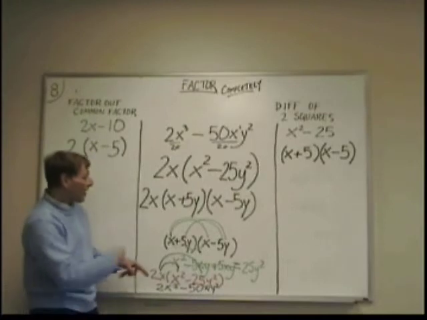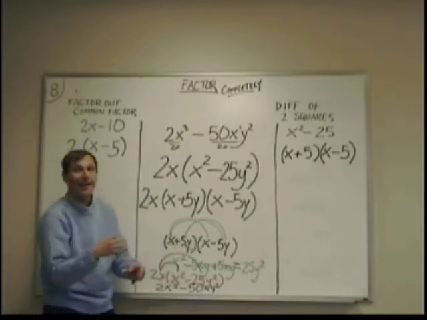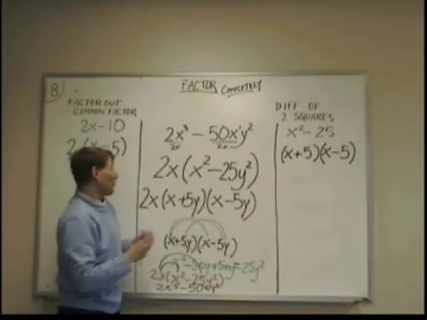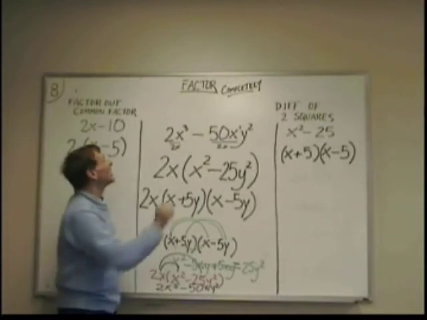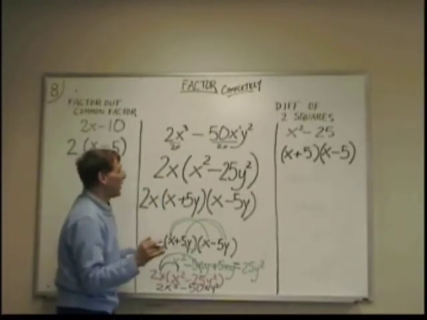So as a check, by foiling and then doing distributive multiplication with the 2x, it works out to my original binomial, 2x to the third minus 50xy squared.